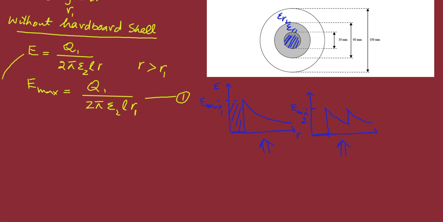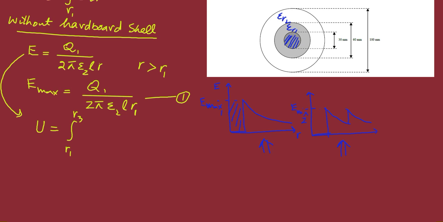For that, we will use the potential difference equation to solve for the voltage. So we know the applied voltage. Applied voltage is equal to the integral from R1 to R3, which is the outermost radius.